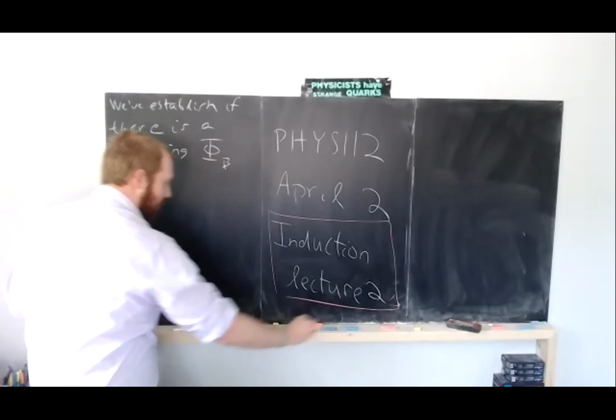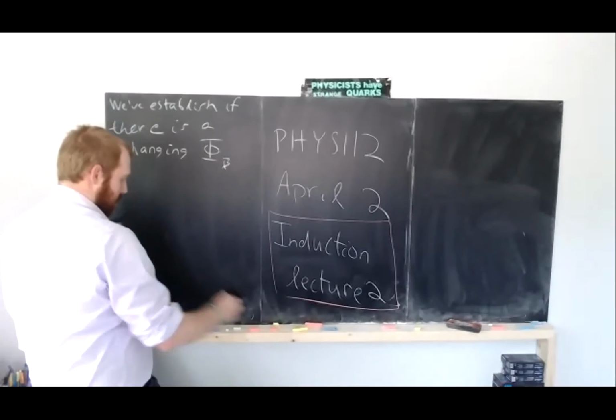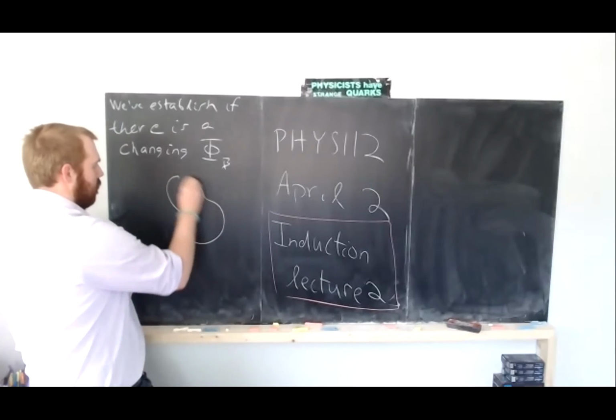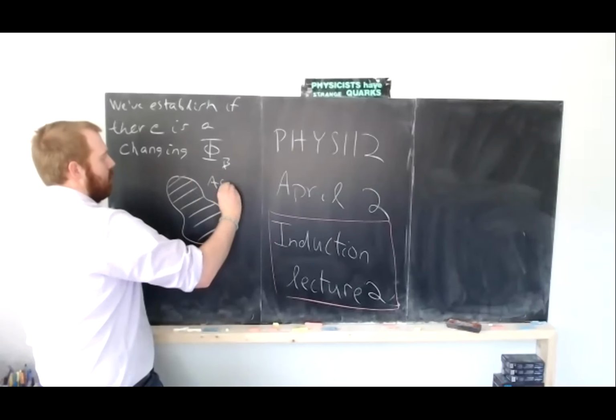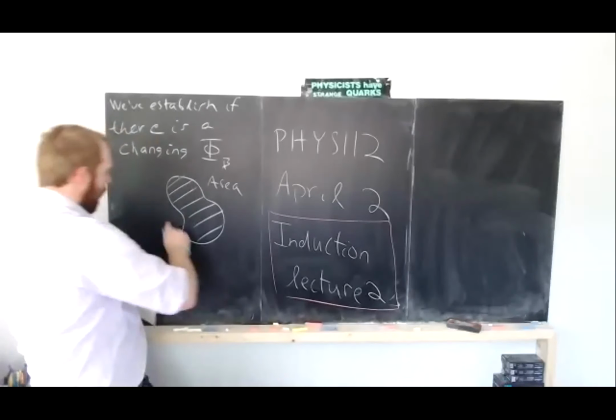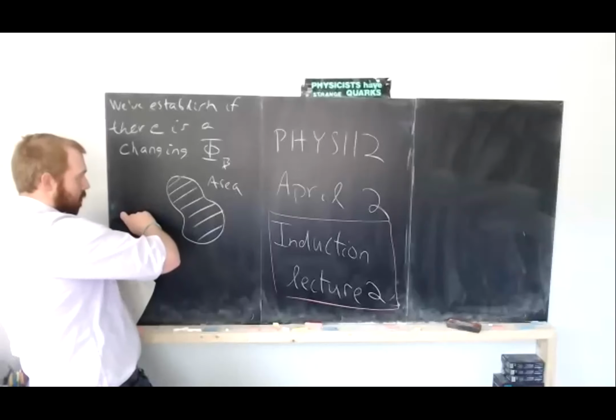as a reminder, when we say magnetic flux, we're saying here is some area and there is magnetic field lines going through it.